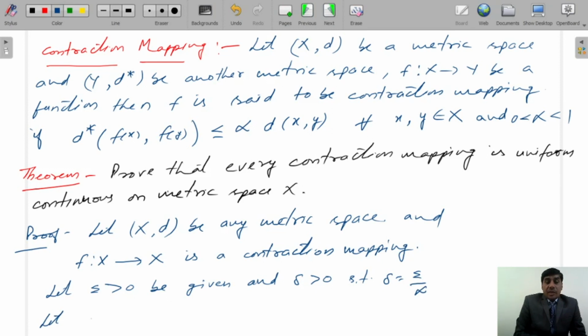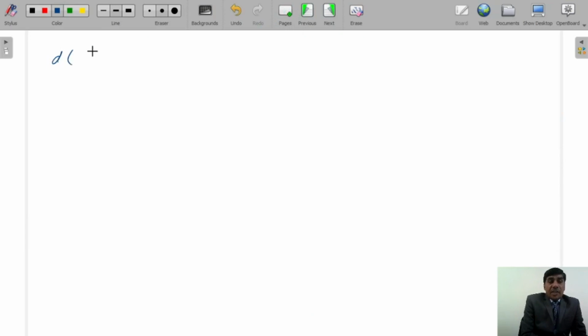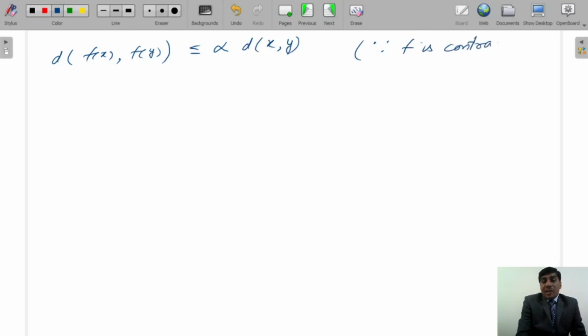Let d(x, y) be less than delta for every x, y belonging to capital X. d of f(x), f(y) is less than or equal to alpha into d(x, y) because f is a contraction mapping, which is less than alpha into epsilon by alpha, which is equal to epsilon.